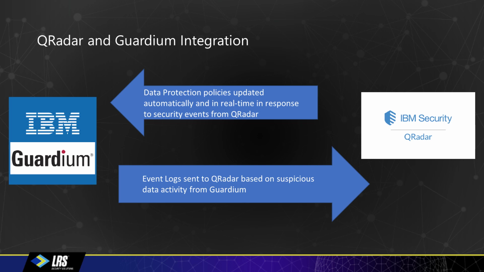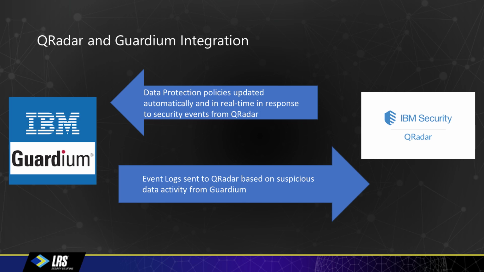The two can work together really nicely with two-way information flow. Event logs can be sent from Guardium to QRadar based on suspicious activity, and in Guardium Data Protection, as a result of the information found in QRadar, policies within Guardium can be updated automatically and nearly in real time, in response to security intelligence events from QRadar.